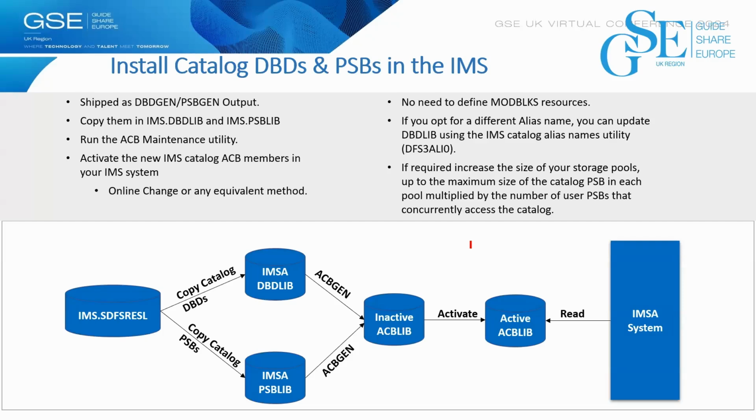This step is required because when your application program tries to access the catalog for the metadata, and if that particular setting is done in the PROCLIB, then for every user PSB, IMS dynamically attaches the catalog PSBs. That's why this change is required. So these are the steps which fall into installing catalog DBDs and the PSBs in the IMS.